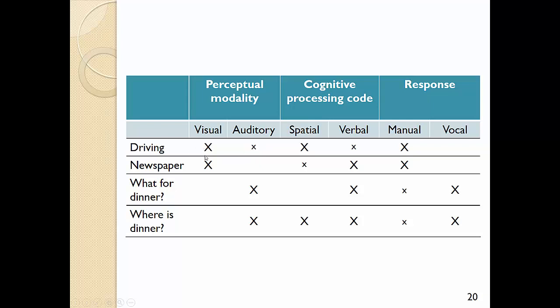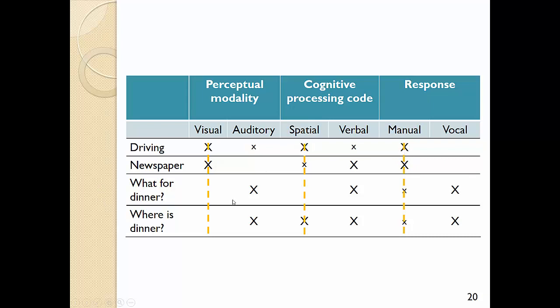So what you can do then is look at the cases where we have the same resource strongly required for multiple tasks. Because I need vision for driving and the newspaper requires vision, I've got a bad interaction here. I've got a bad competition for that resource. That's potentially problematic. I also have a competition for my manual resources with the newspaper.